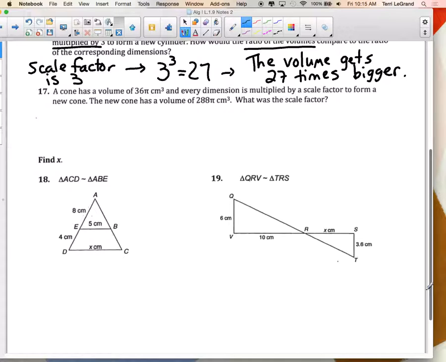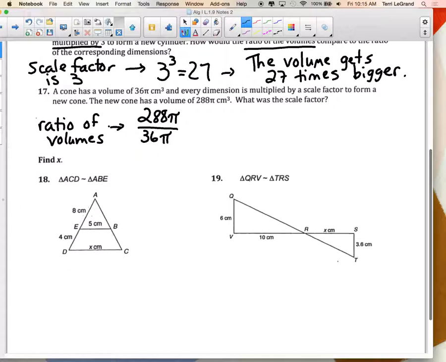288 over 36. We're going to set up a ratio of volumes. We're actually going to use the pi in it and we'll cancel them out, okay? So we're going to take the new volume. Pi is not part of the label, it's part of the number. And 36 pi is the volume of the old.